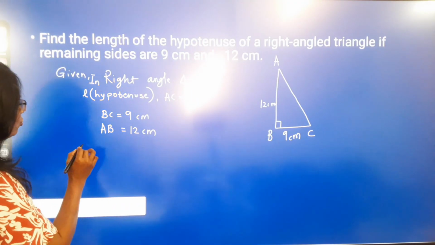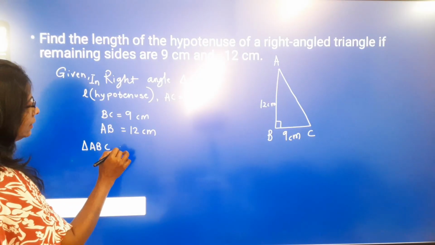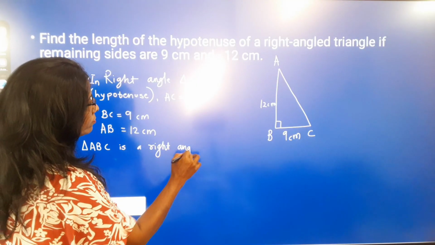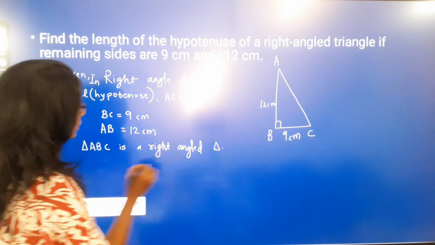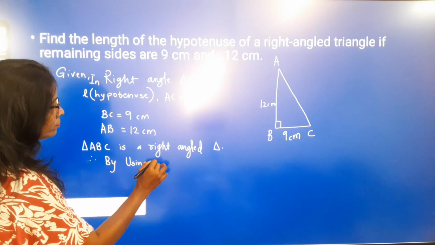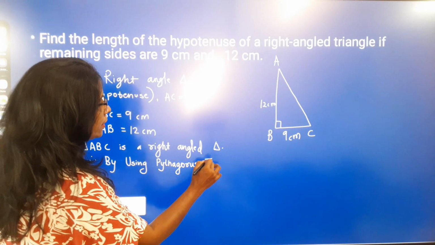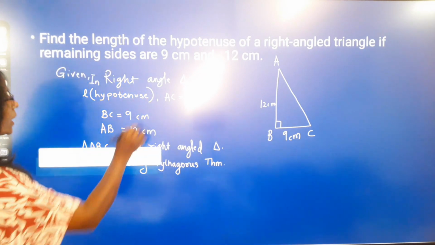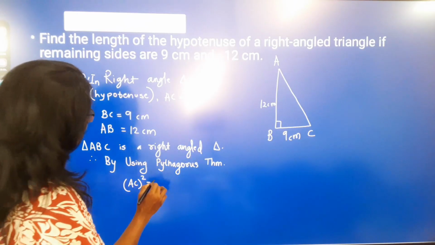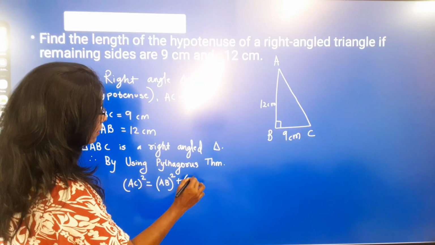Okay. So now here, students, we write that triangle ABC is a right angle triangle. Therefore, by using Pythagoras theorem, here we get AC square is equal to AB square plus BC square.